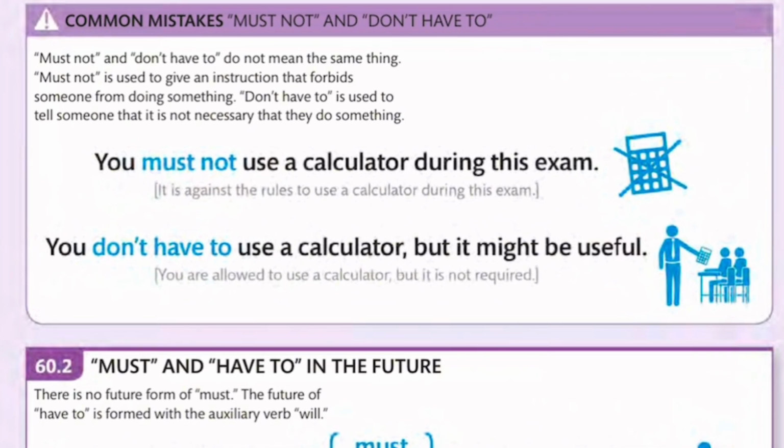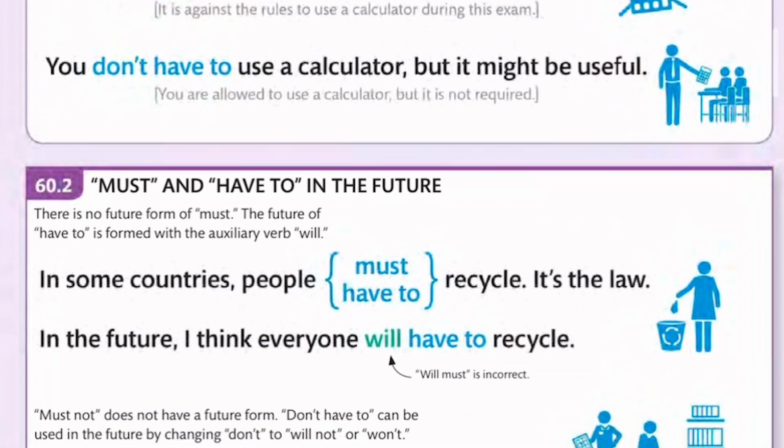That means it is against the rules to use a calculator. You don't have to use a calculator, but it might be useful. That is, you are allowed to use a calculator, but it is not required. I hope you understand that.